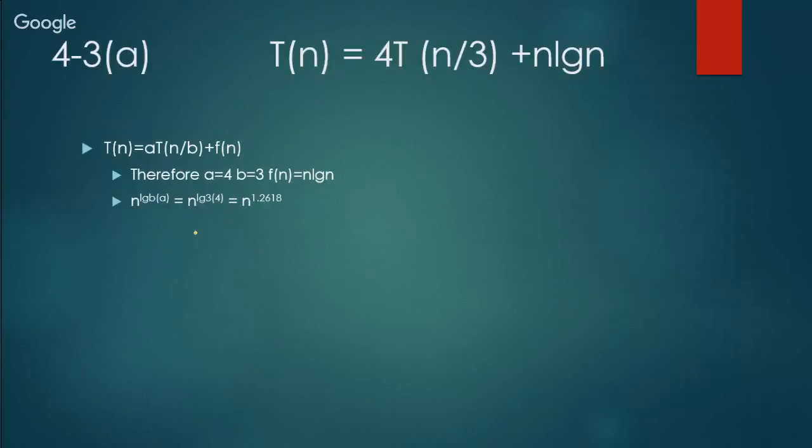Plug in a and b respectively, and you get this solution. That result, we are able to compare it with f(n), and we find that n^1.2618 is greater than n log n.